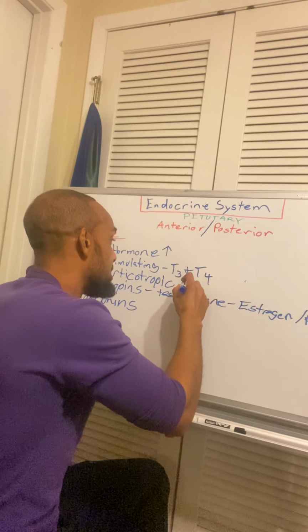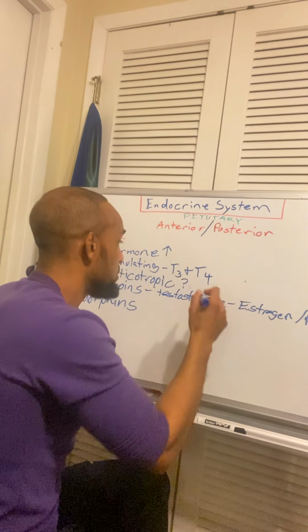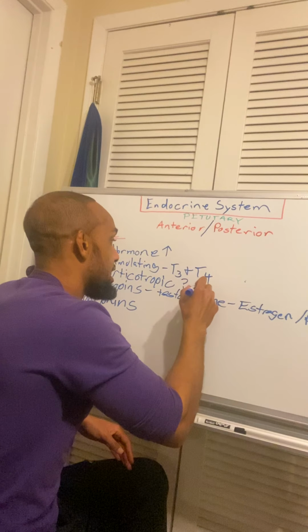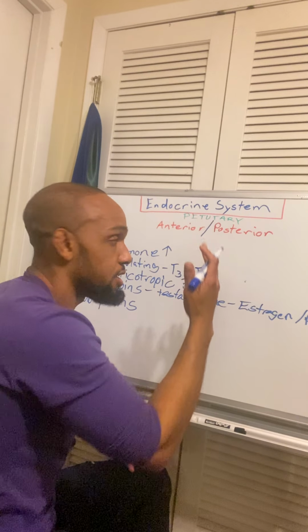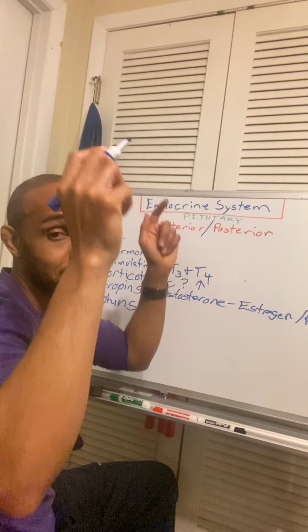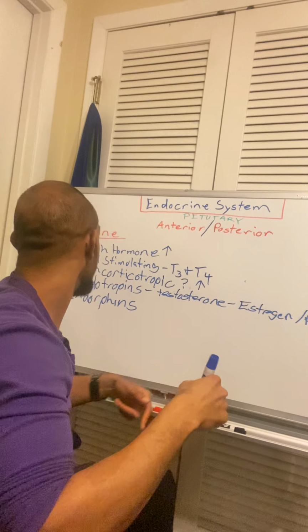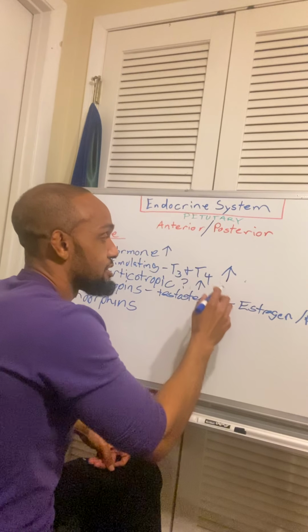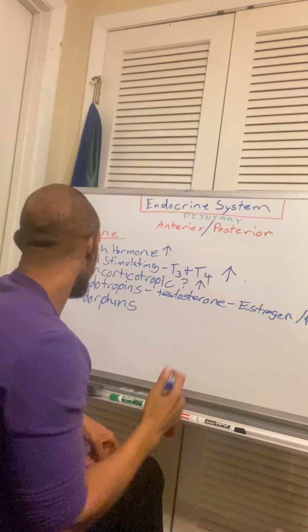Some studies say it's variable, and one study that I'm going to link at the bottom of the video says that exercise has an increasing effect on it. I'm going to link those citations at the bottom of the video. And thyroid stimulating hormone, with exercise, it goes up.